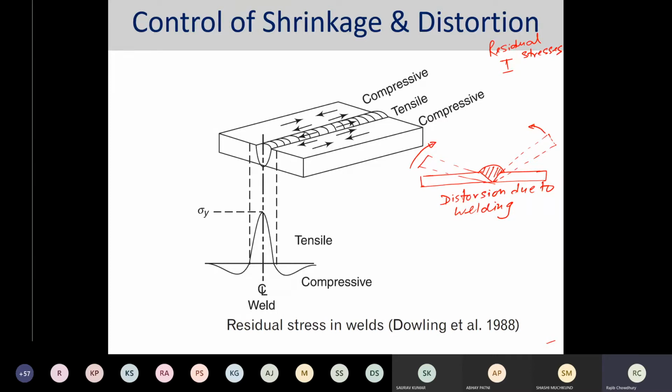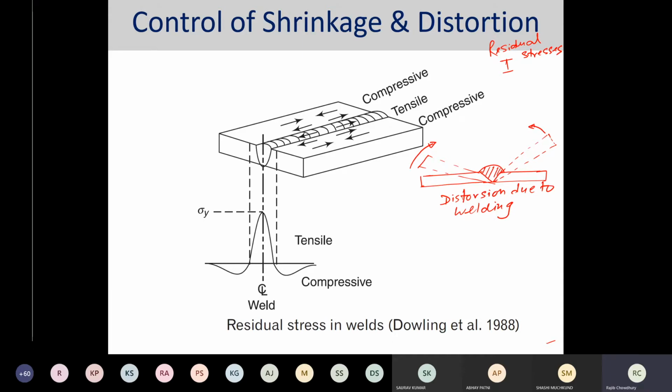Today we will be continuing from where we left off, the control of shrinkage and distortion of the welded joint. I think we have discussed briefly how this shrinkage and distortion happens during the welded connection, or during the process of welding.